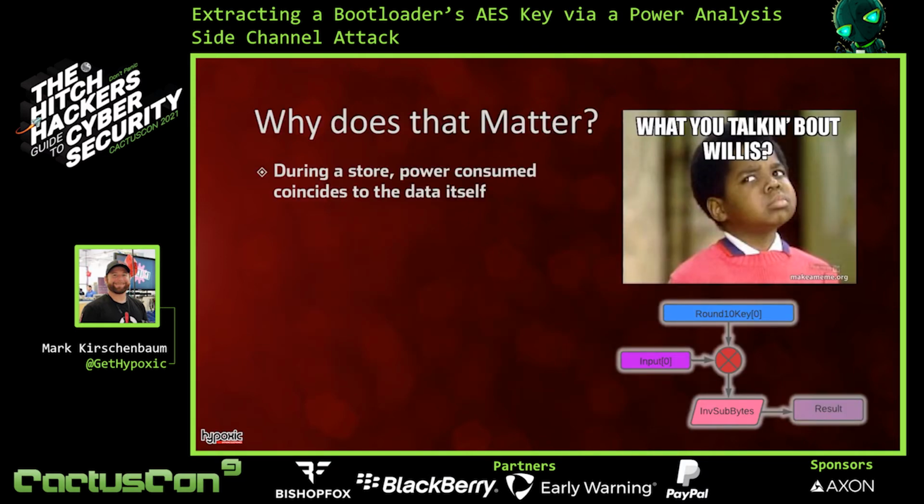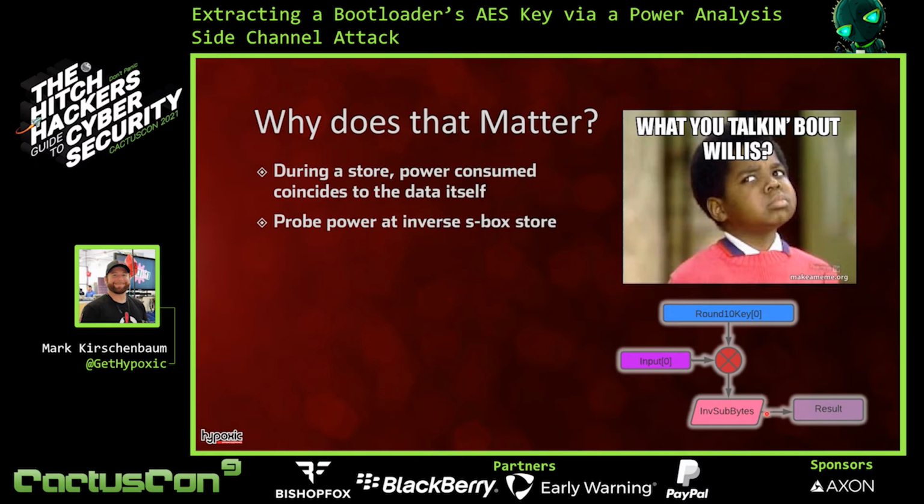So like we said earlier, during a store, the power consumed is going to coincide with the data itself. We used the example of AA versus 00. The power consumed at that point for an AA is going to be different than for 00. And if we want to, we can probe right at this particular time, right after the inverse substitution byte occurs, and we can come up with some power usage at this particular time.